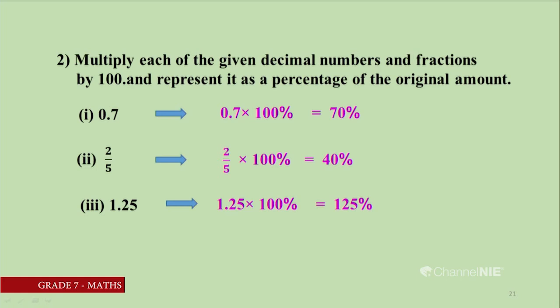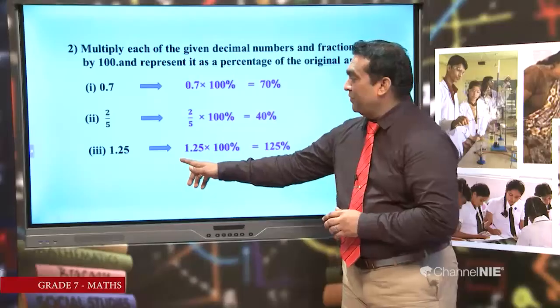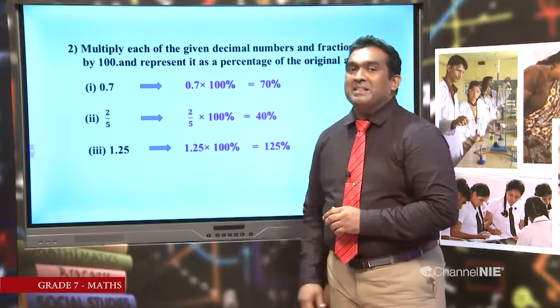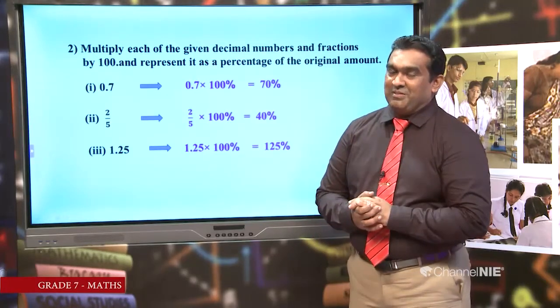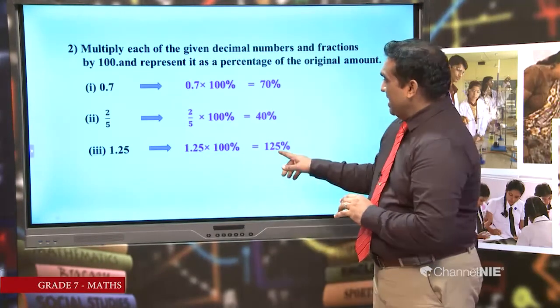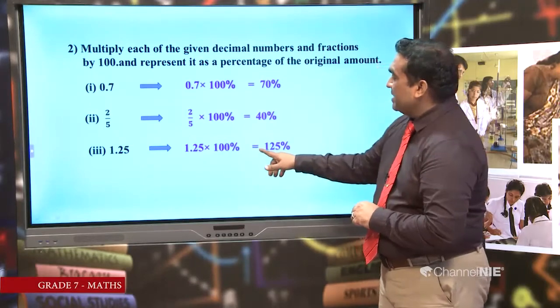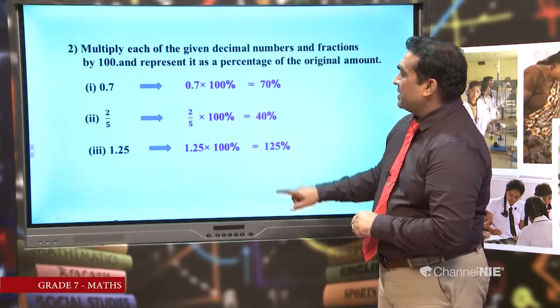Separating 2 decimal places means dropping 2 zeros. 125 multiplied by 1, it means again you have 125, because of 2 decimal places you have to delete 2 zeros from 100. Right. 1.25 is equal to 125%.